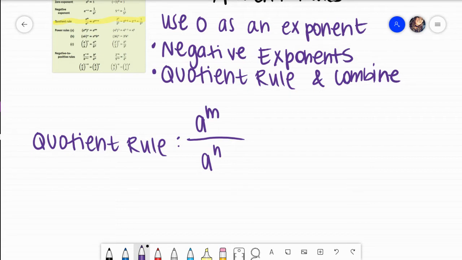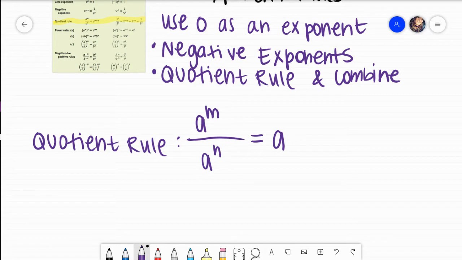Your bases have to be the exact same, but your exponents do not have to be the exact same. The reason why your bases have to be the exact same is because the rule tells us to keep our base, right? There's another step too, but just to clarify this, because I'm going to keep my base, if they were different, I wouldn't know which one to keep, right? Like, how would you choose between a 2 and a 3 or a y and a z? You wouldn't be able to.